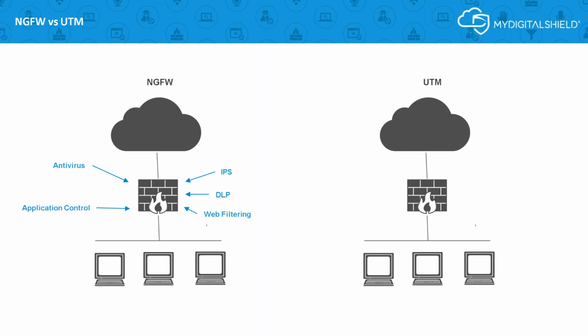These five functions are IPS, antivirus, application control, web filtering, and DLP. And UTM is exactly the same thing. These are the five core functions. I could even break it down into two functions if needed, but I'm not going to, because it gets into how the inspection actually works.